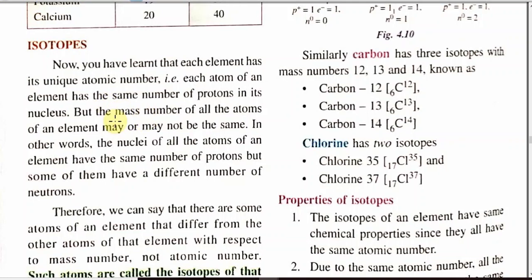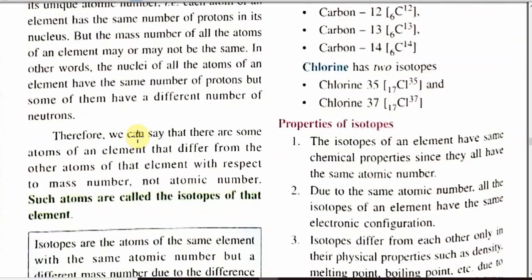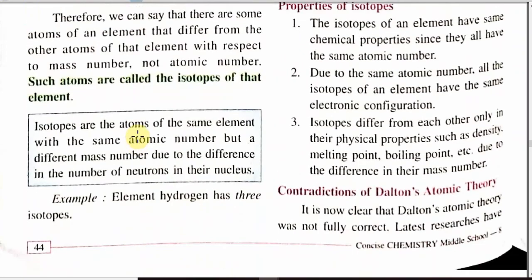But the same element can have more than one mass number. It means there are some elements where the atomic number is the same but the mass number is different. Let us go to the definition. Isotopes are atoms of the same element with the same atomic number but different mass number. Why? Because they contain different numbers of neutrons.